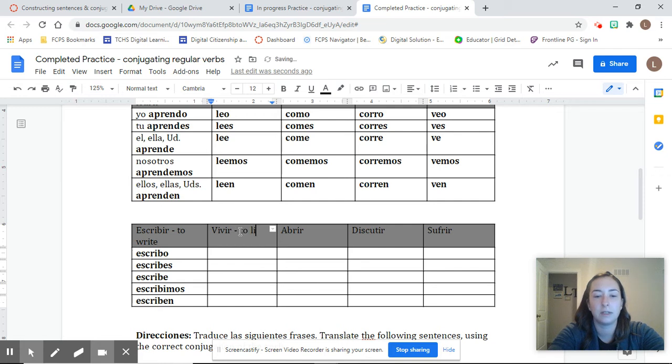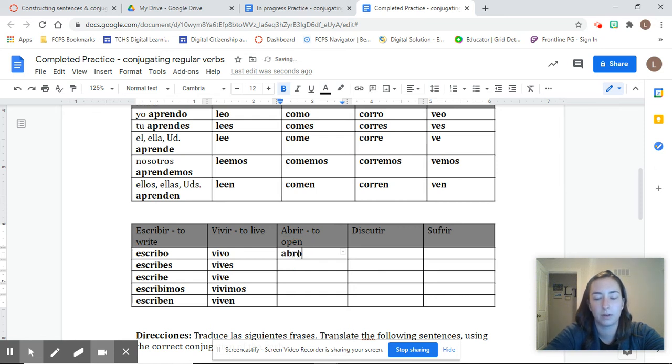Vivir means to live. Yo vivo. Tú vives. Usted vive. Nosotros vivimos. Ellos y ustedes viven. This one is really important with our family unit. You're going to be using that to talk about where your family lives. Abrir, to open.